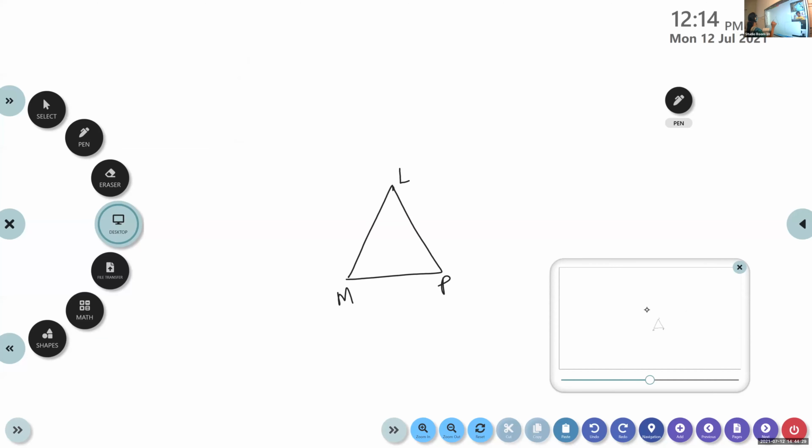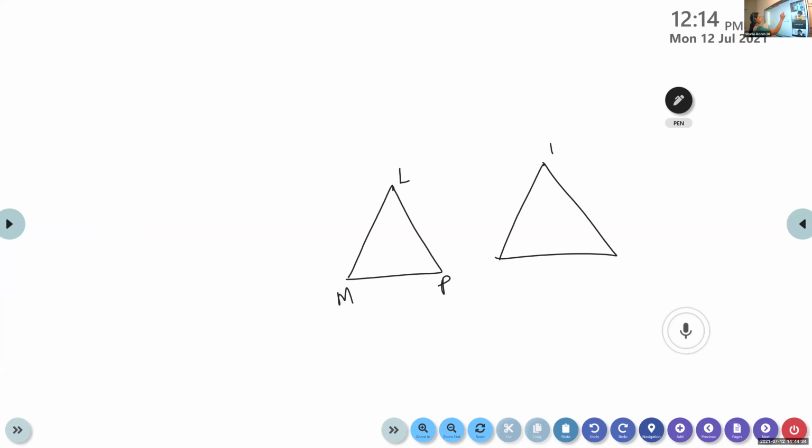These are the two triangles, LMP and DEF. LMP and DEF: 2.7, 2, 3; 4, 6, 5. Are they similar?